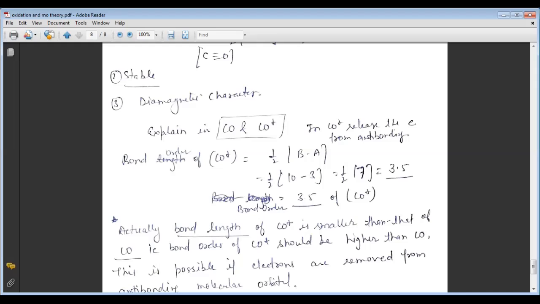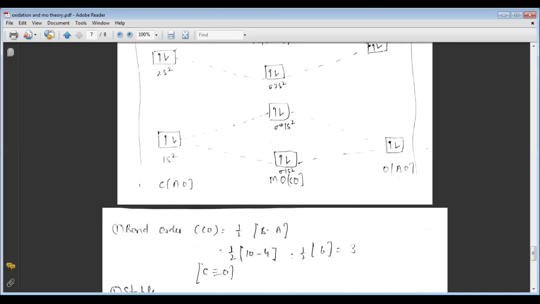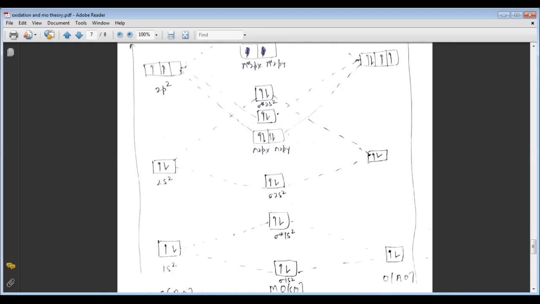The electron is released from the last orbital, and we can see here the last orbital is sigma star 2s. So it means the loss of an electron from the sigma star 2s orbital, and it converts into CO plus.